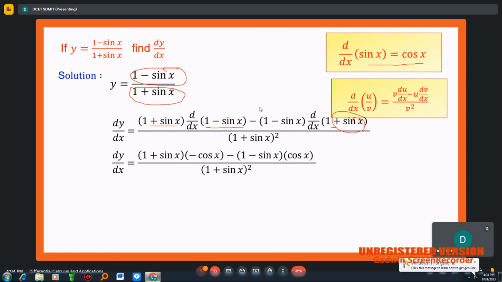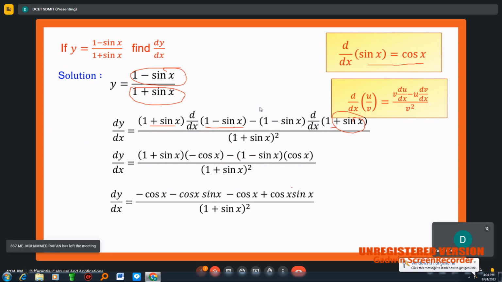Now simplify. Minus cos x is multiplied with 1 plus sin x, and cos x is multiplied with 1 minus sin x. Minus cos x into 1 is minus cos x. Sin x into minus cos x is minus cos x sin x. Then 1 into cos x is cos x, and minus into minus is plus cos x sin x.